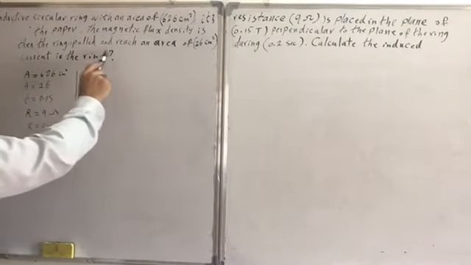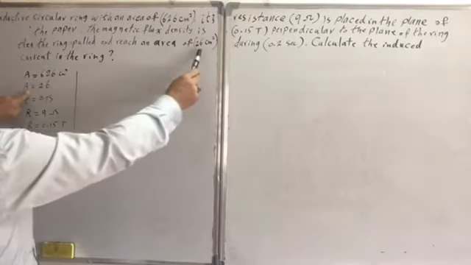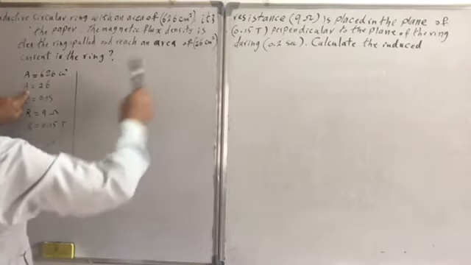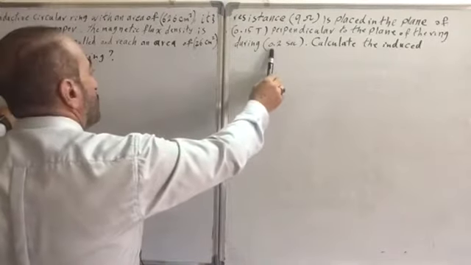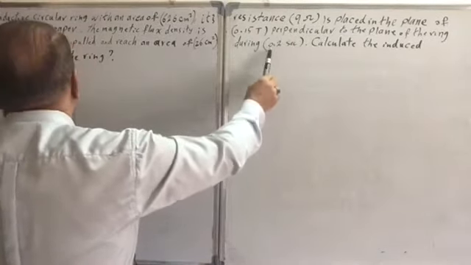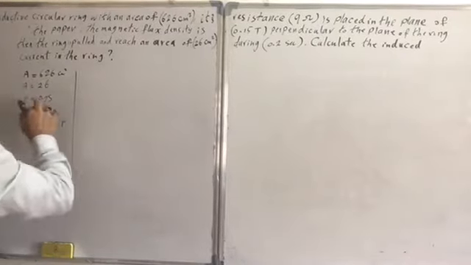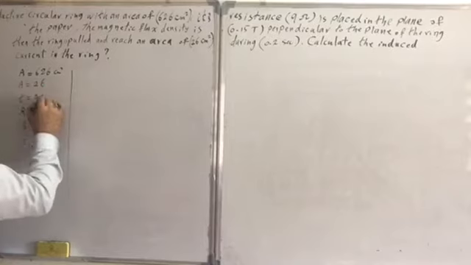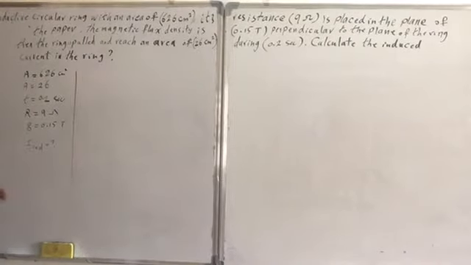Then the ring is pulled to reach another area, A, 26 centimeters squared, during 0.2, this is the period of time, T equal 0.2 second. Now the order is, what's the magnitude of I induced?